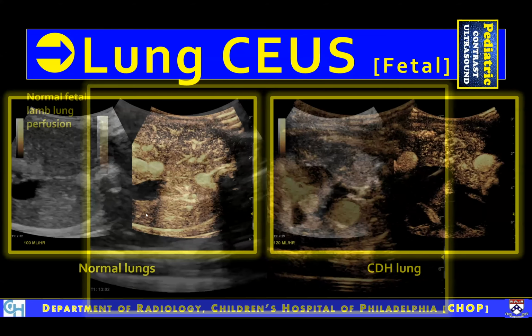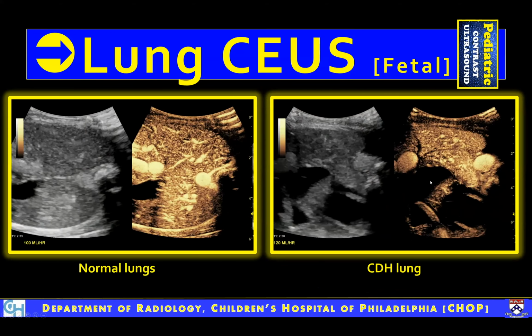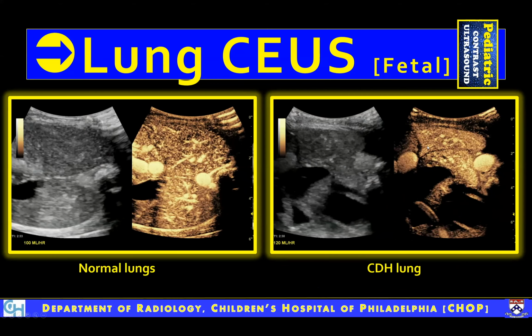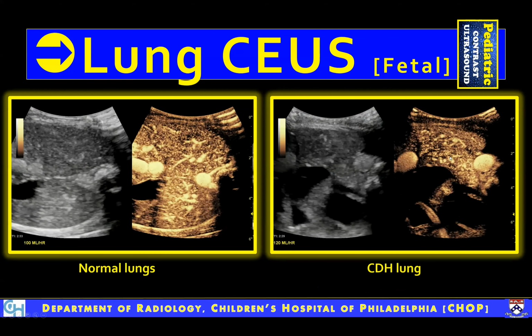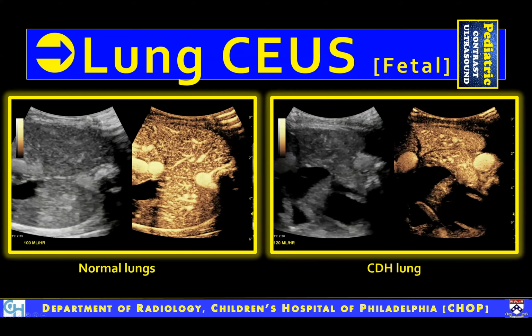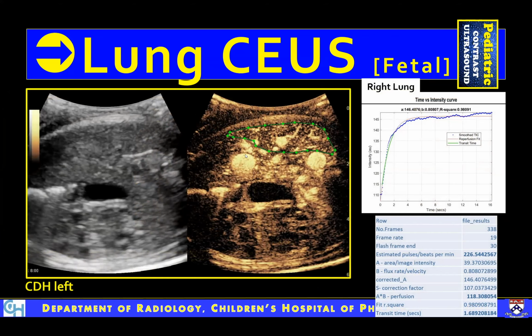And then here you see one that is normal, and then you see the hernia on one side of the chest. These are bowel loops, and then the compressed lung here. So you can assess the enhancement of the lung and the perfusion of the lung. And in addition, you can put a region of interest and generate time intensity curves and multiple variables.